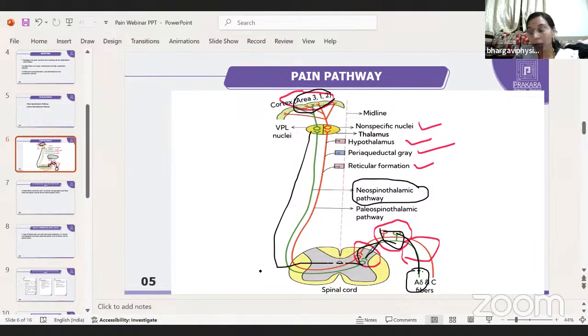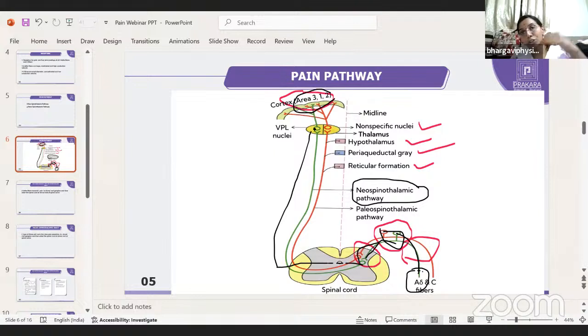They cross to the opposite side and ascend upwards in the lateral column as the spinothalamic tract, and they reach the thalamus. In the thalamus, they terminate by making a synapse with the ventral posterolateral nucleus of the thalamus. Here the second order fibers also finish. Then the third order fibers start from the VPL nucleus, that is the ventral posterolateral nucleus of the thalamus.